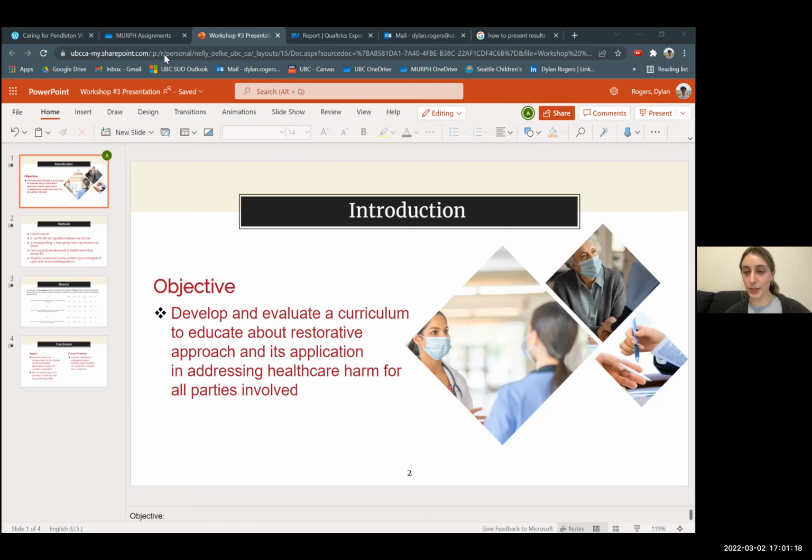In the beginning of the introduction, I referred to all parties as patients, families, and providers alike. And then from there on, I referred to it as all parties, but it would provide further clarification if I noted that from here on, we'll refer to patients, providers, and families as all parties. Sure.